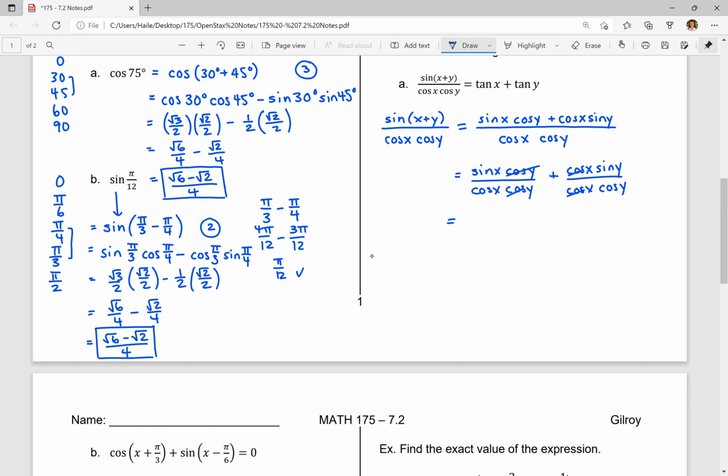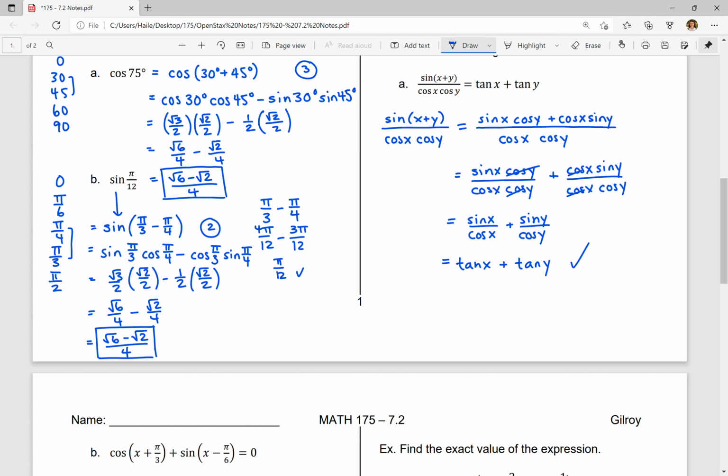So what I'm left with is sine x over cosine x plus sine y over cosine y. And now if I remember that tangent is just sine divided by cosine, I get that this is equal to tangent of x plus tangent of y. So this is good. We got the right side of the equation.